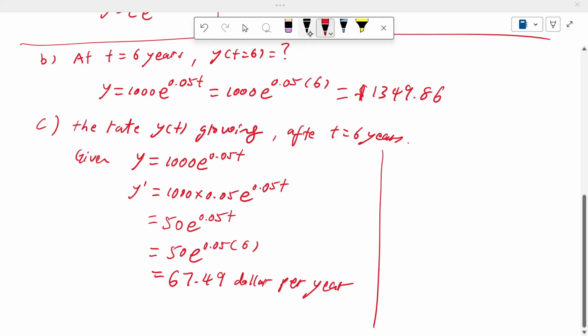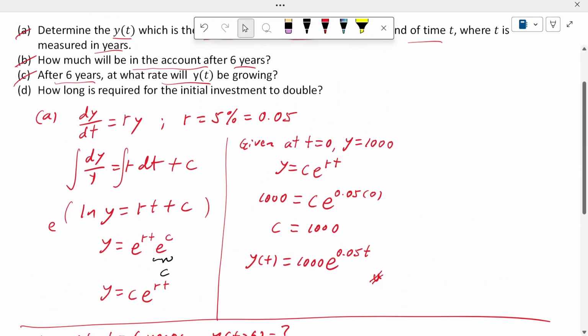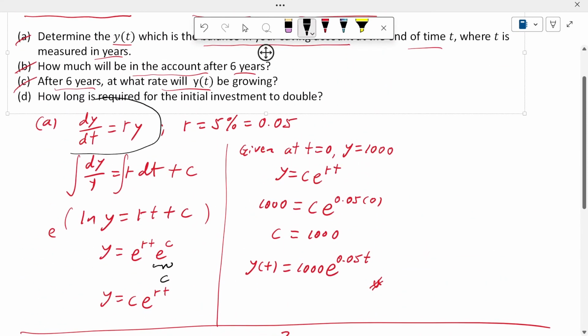Another method is simple. We just directly use the rate of change, which we initially denoted as dy over dt equal to r times y. This already represents the rate of change.